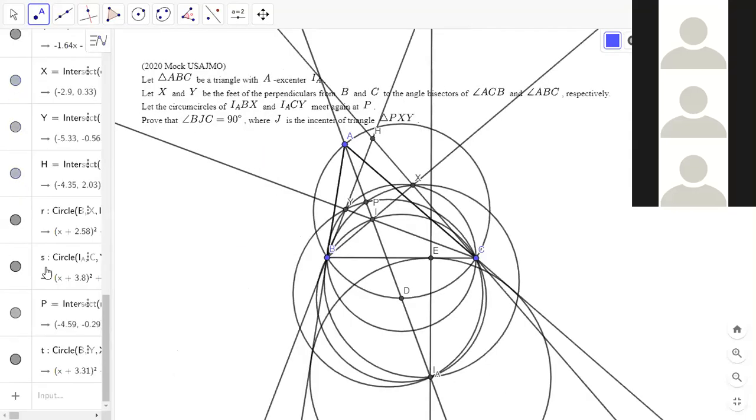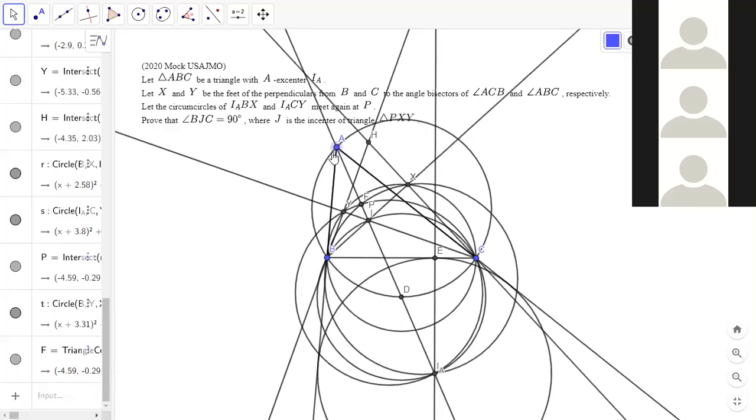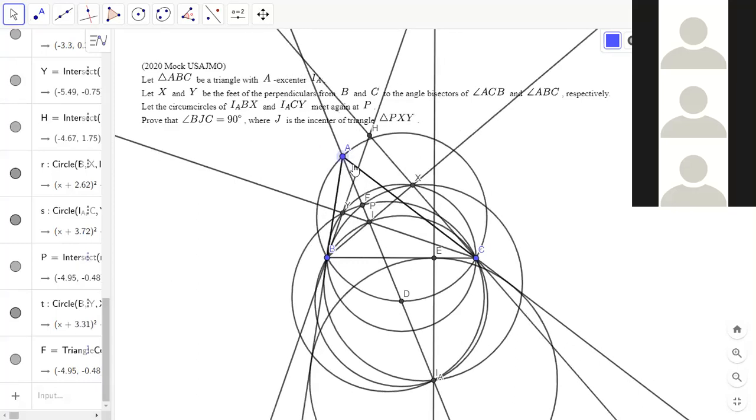I think it is, right? Wait, what's going on here?